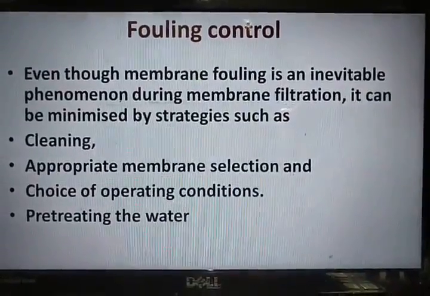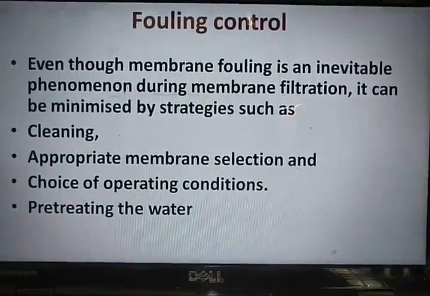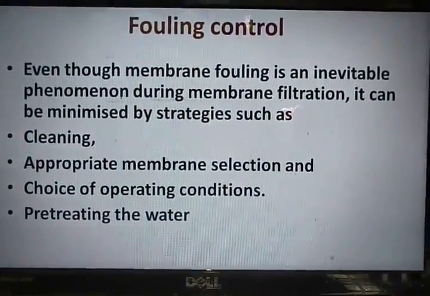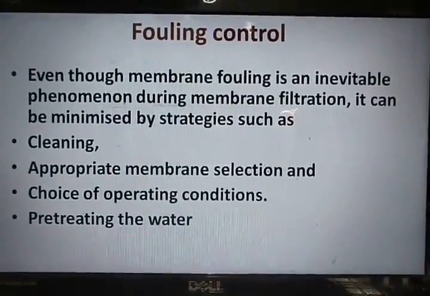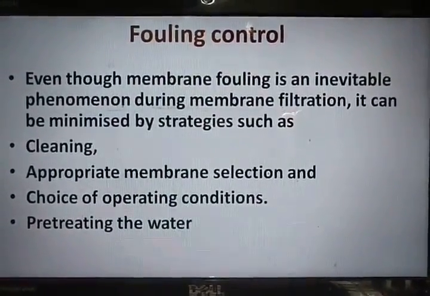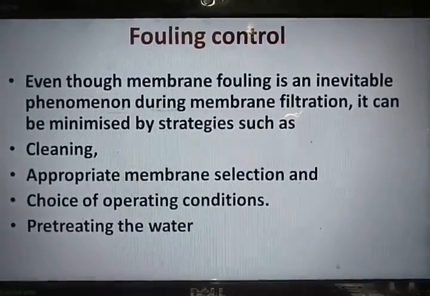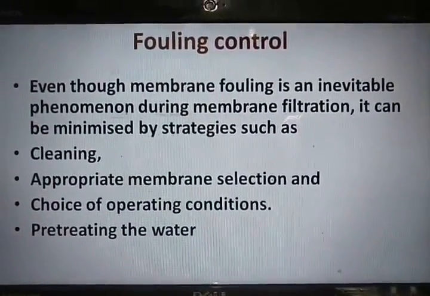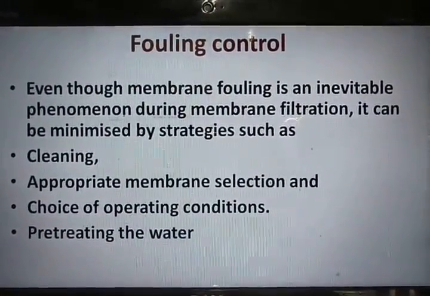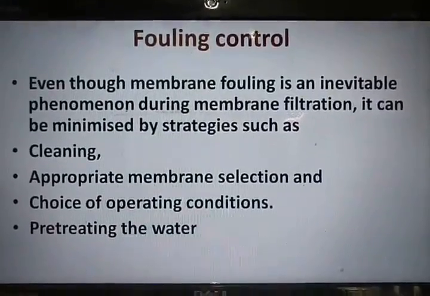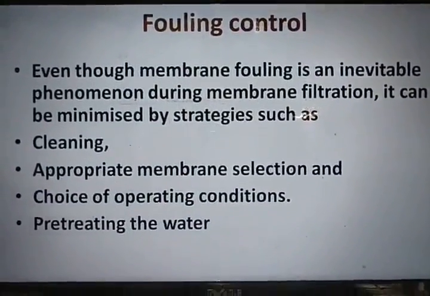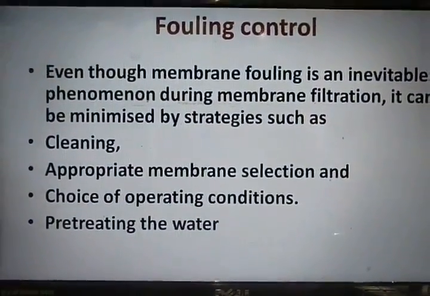Frequent cleaning and backwashing can be done regularly to minimize fouling, along with appropriate membrane selection based on the type and characteristics of the water or the solute for which we are selecting the membrane.